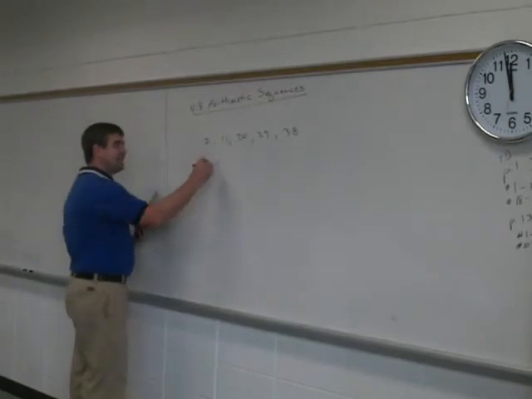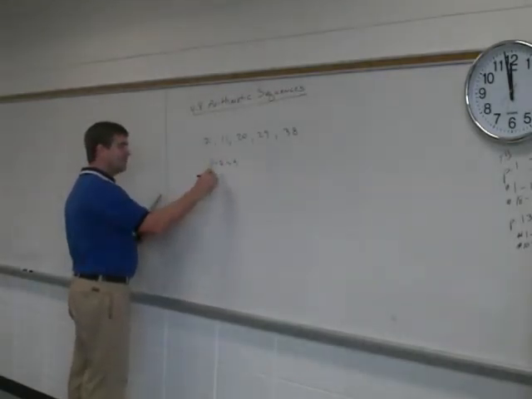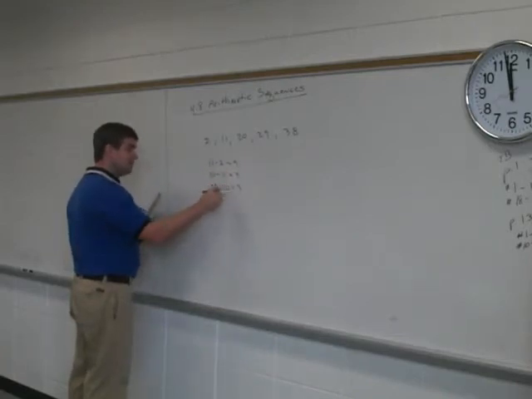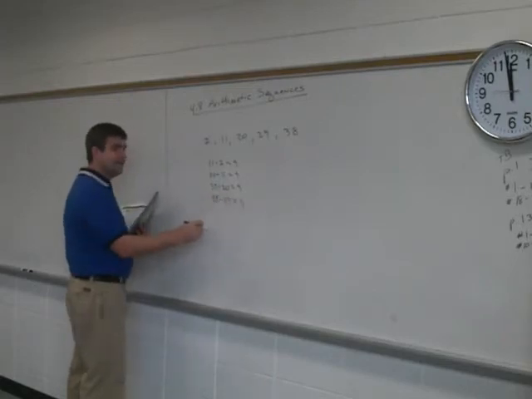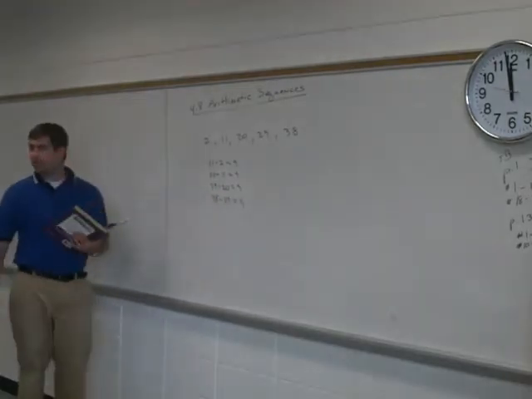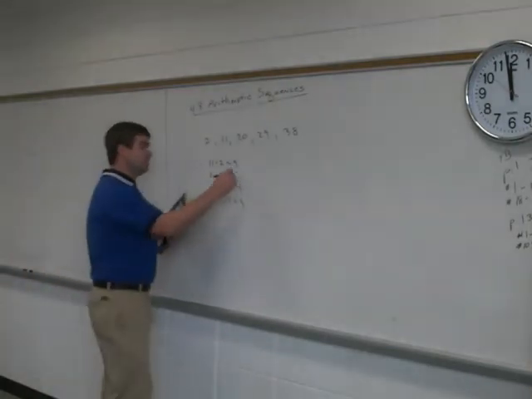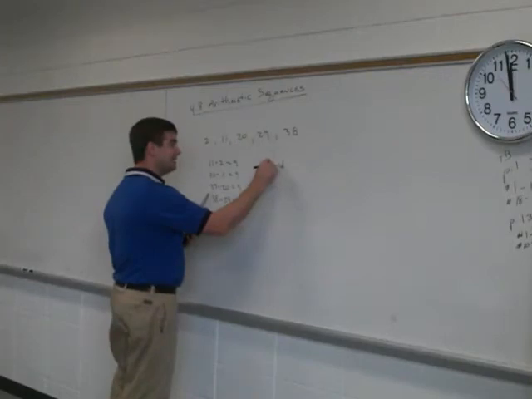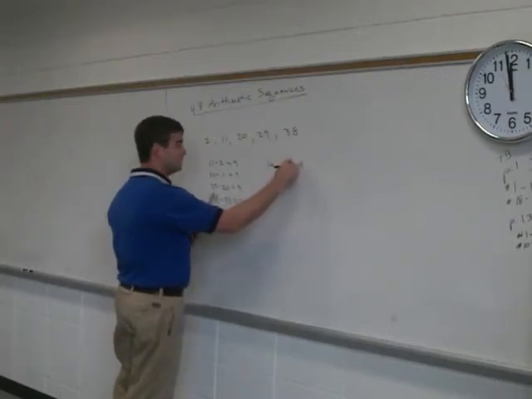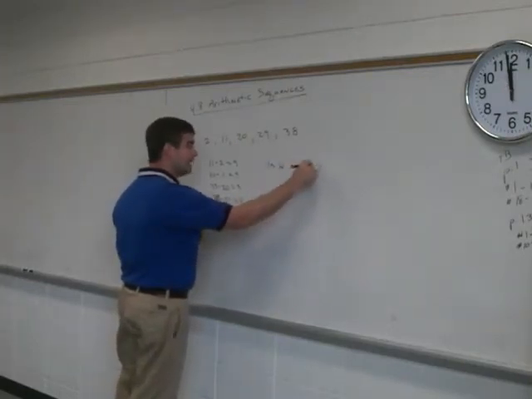If I can say 11 minus 2 is equal to 9, and 20 minus 11 is equal to 9, and 29 minus 20 is equal to 9, and 38 minus 29 is equal to 9. If all of those equal 9, and the common difference is 9, then the question is going to say, is it arithmetic? And the answer is yes.